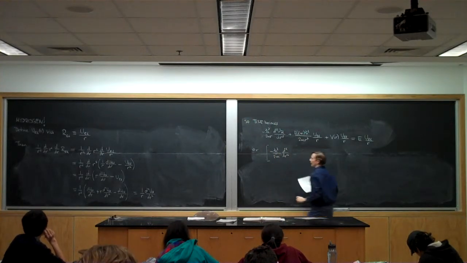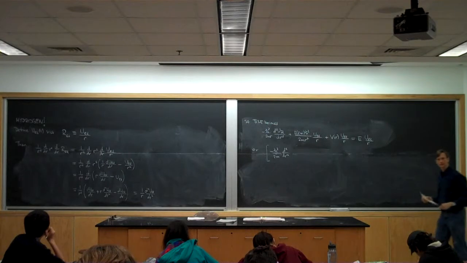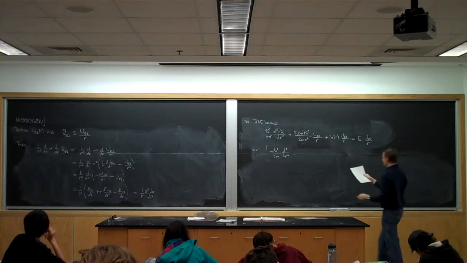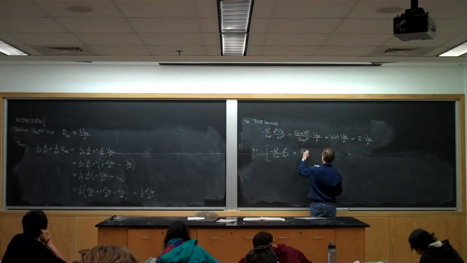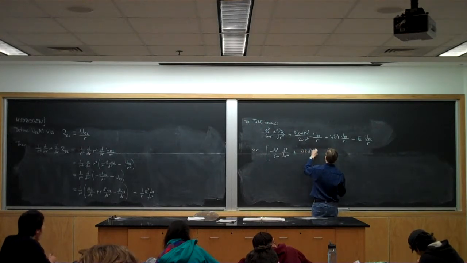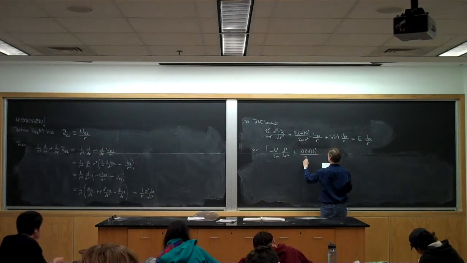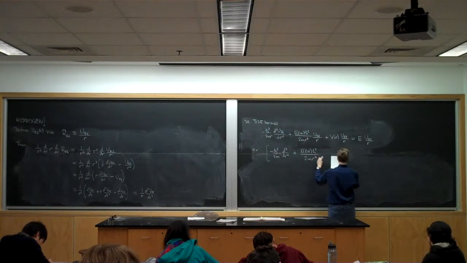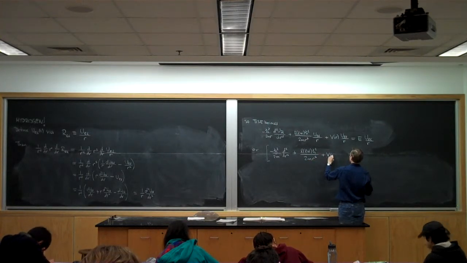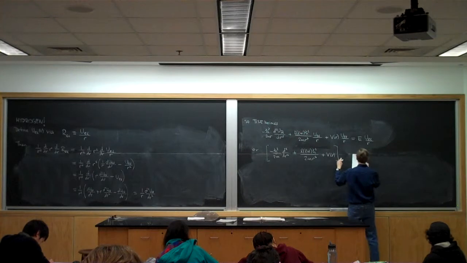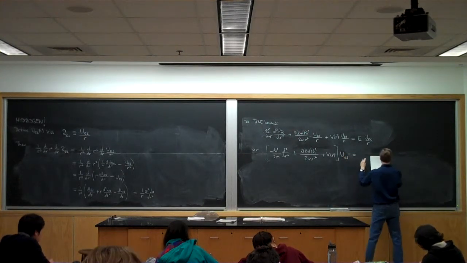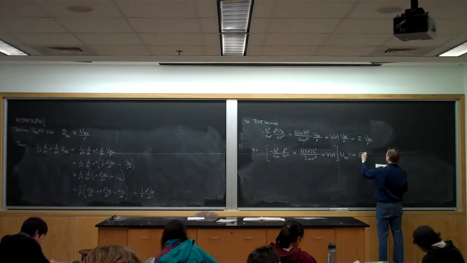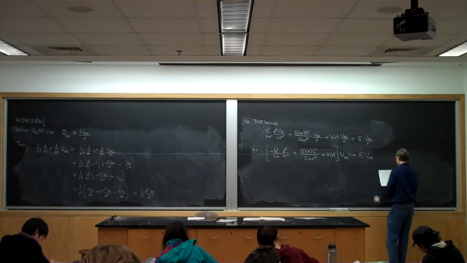I'm going to put square brackets around and make an operator that smacks u_El, plus l(l+1) h bar squared over 2mr squared, plus V of r, all that hits u_El and gives back E times u_El.